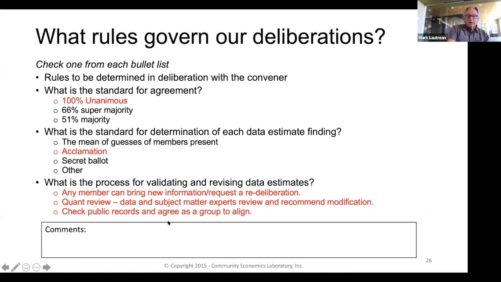The standard for determination, we said acclamation here, so we're doing this in a town hall setting where your groups are not meeting offline on a Zoom call like this. You're in a town hall at tables, and you can hear each other, talk to each other, people can move around, and we're asking for acclamation for yes or no.